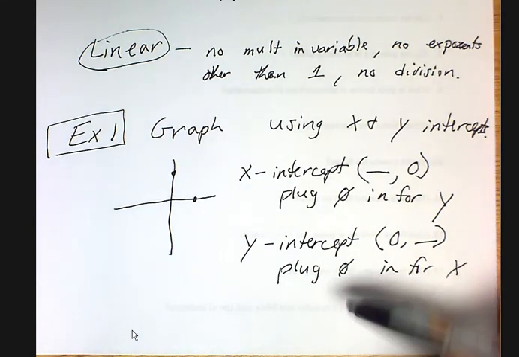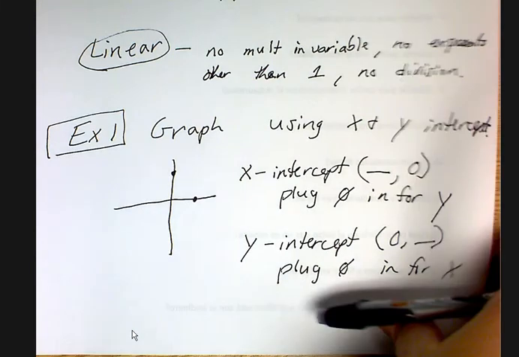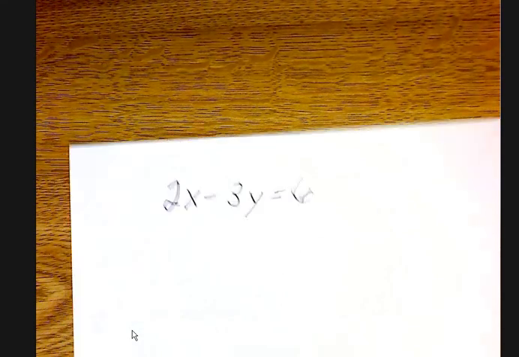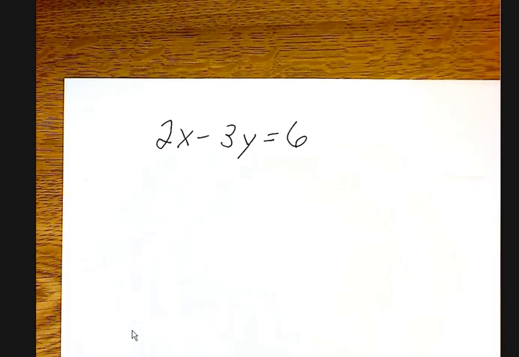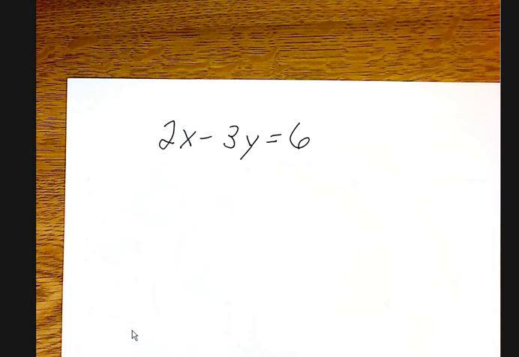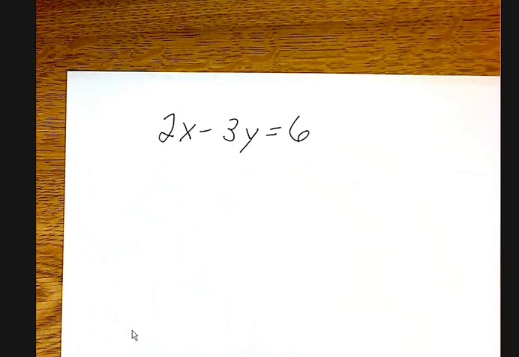Just let me know when you're ready. Okay. So our equation is 2x minus 3y equals 6.